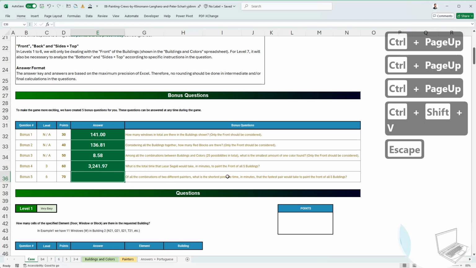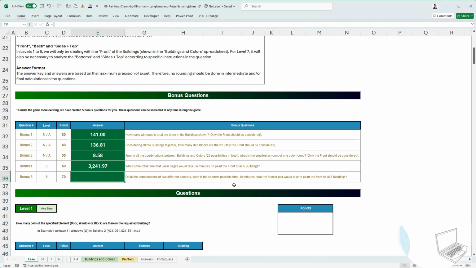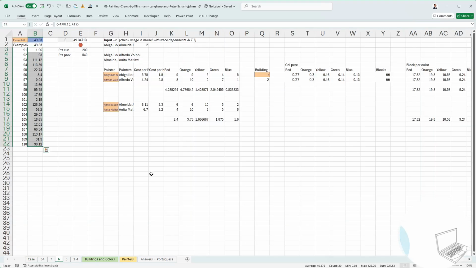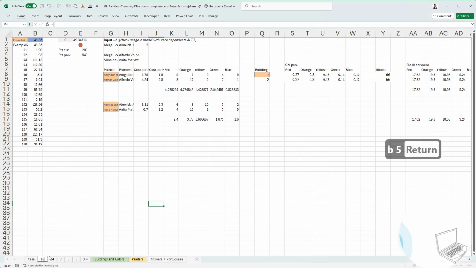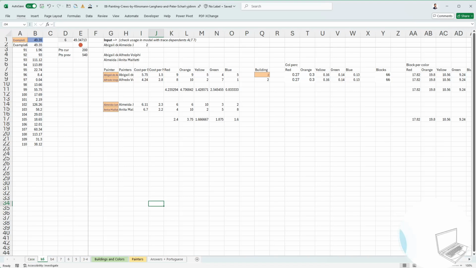For the combination of 2 different painters, what is the shortest possible time in minutes that the fastest pair will take to paint the front of all 5 buildings? So bonus 5, shortest possible time.